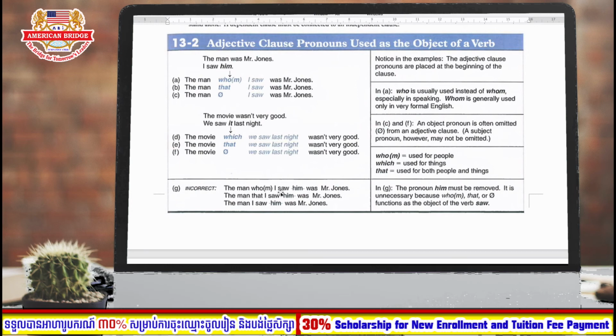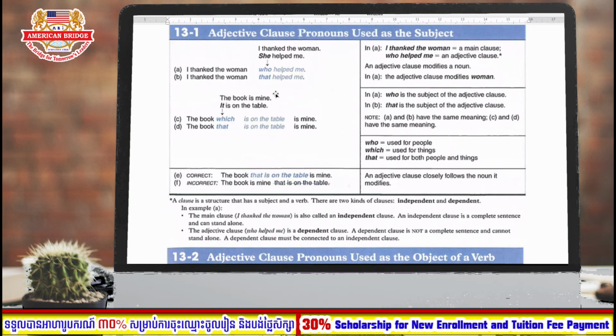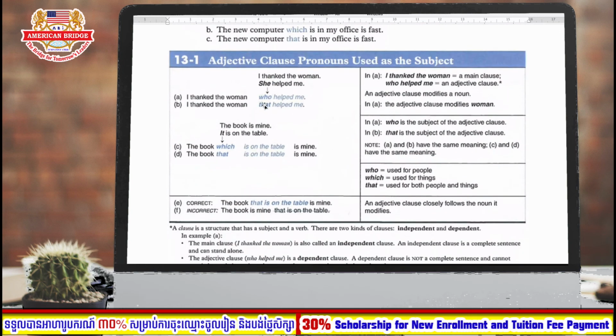Another point to remember is how to tell when the pronoun is the subject and when it is the object. My rule of thumb is to pay attention to the location of the adjective clause pronoun, or the relative pronoun.